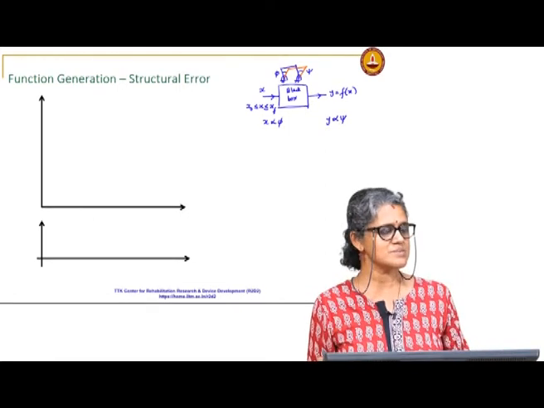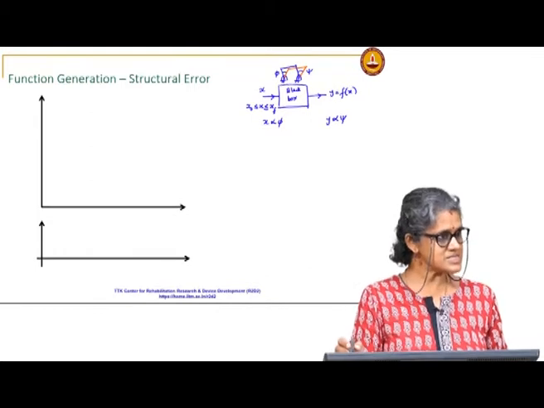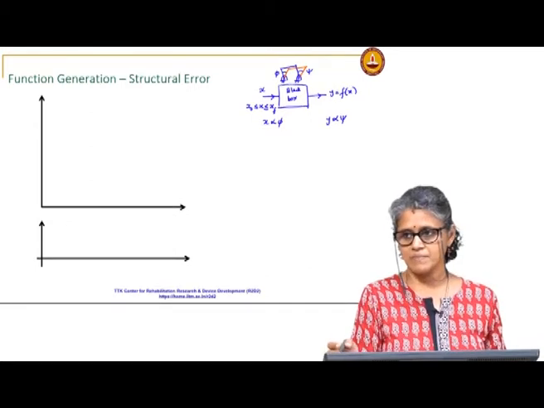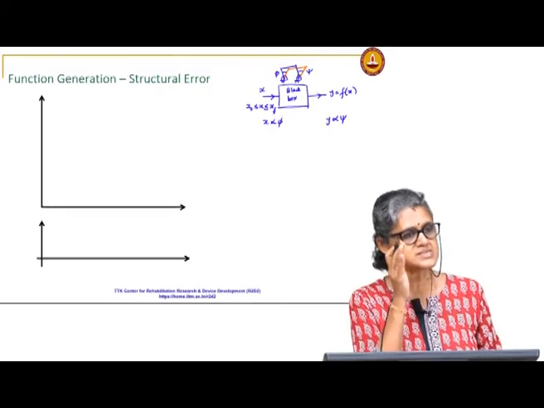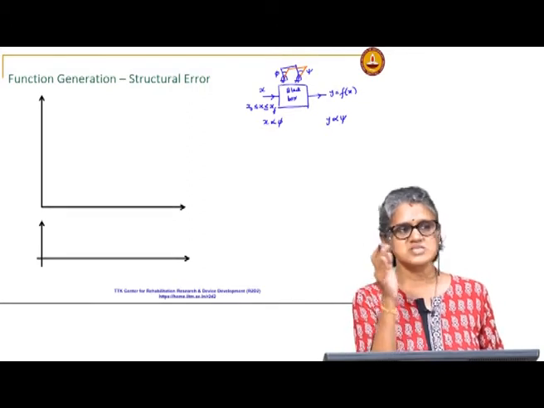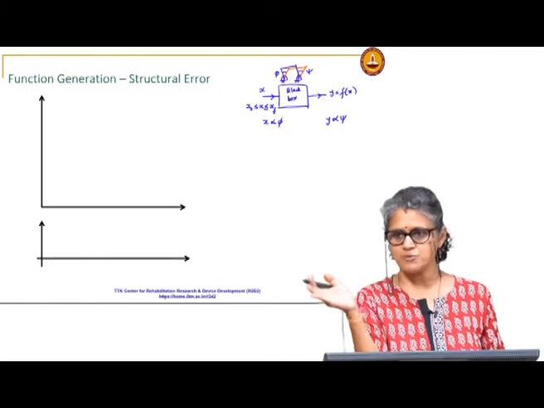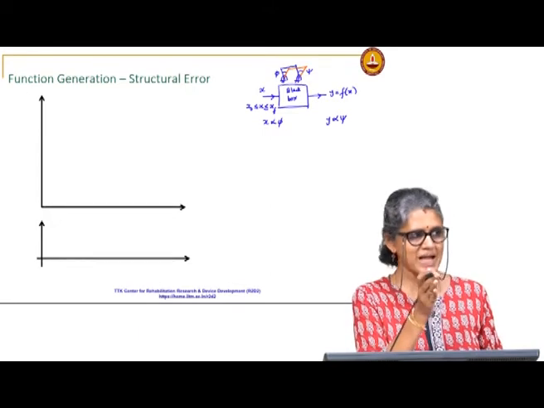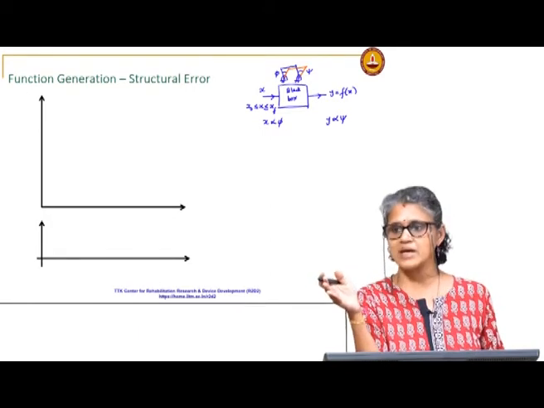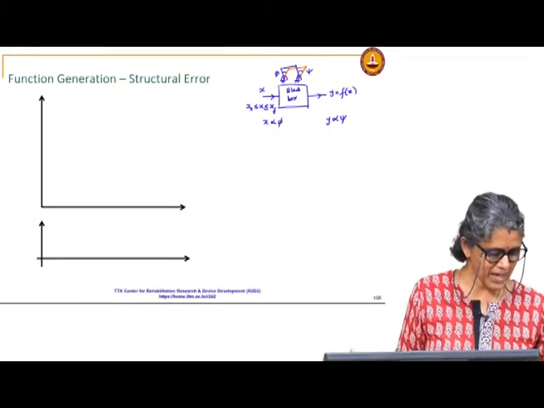I can set it up so that I get the exact relationship between x and y, perhaps only at certain specific points of the linkage movement. Those will be the precision points where it exactly matches what I need. In between I may have error.